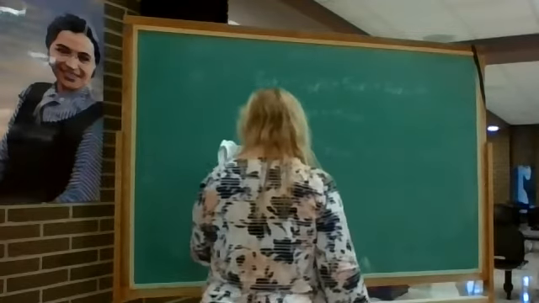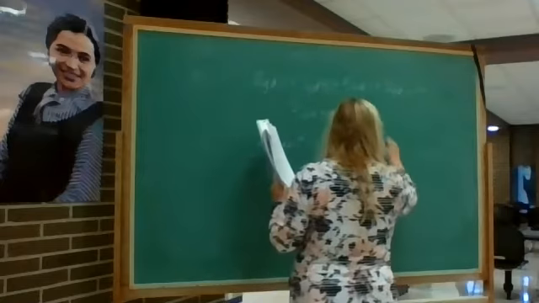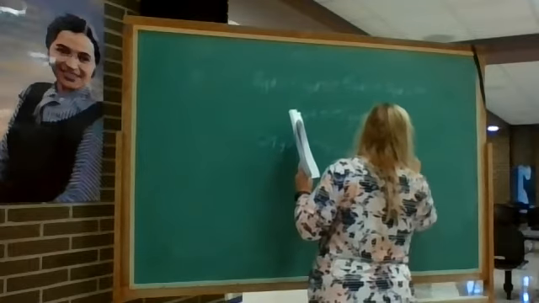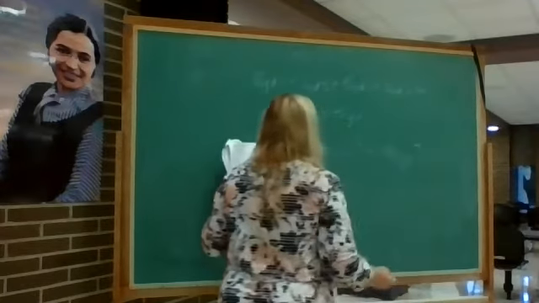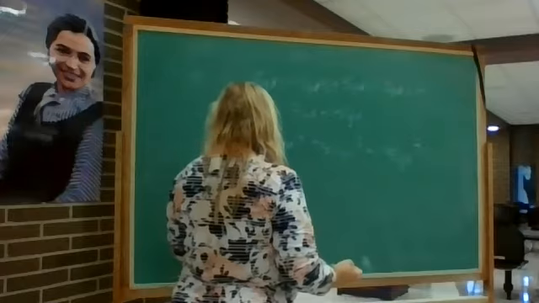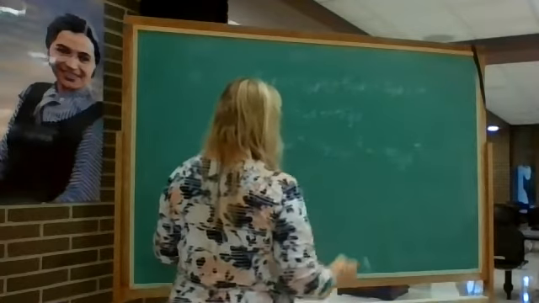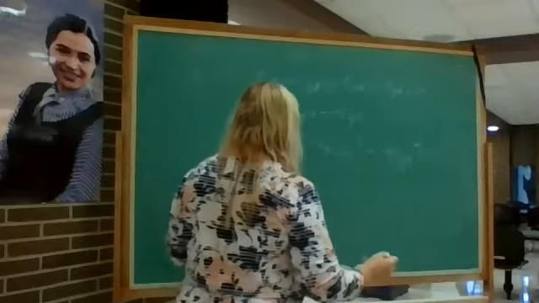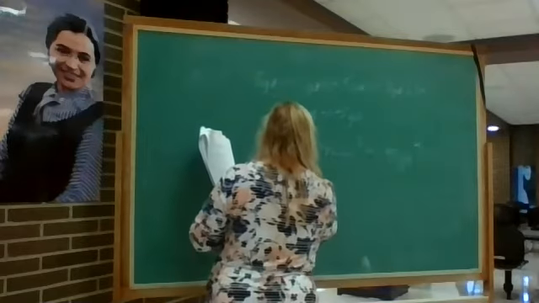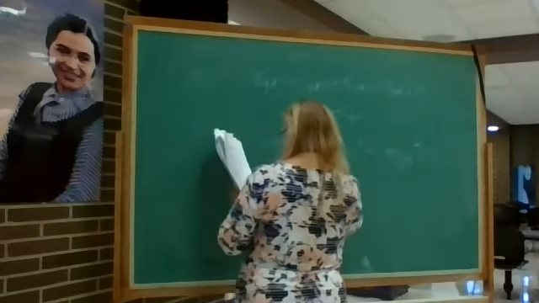Plus 3 times 5 is 15 yards squared, right? Now you have to add them all up. So 24 plus 40 plus 15 gives you 79 yards squared, right?